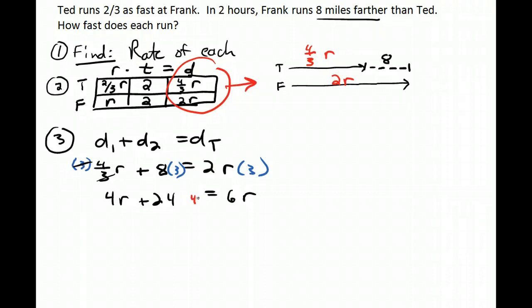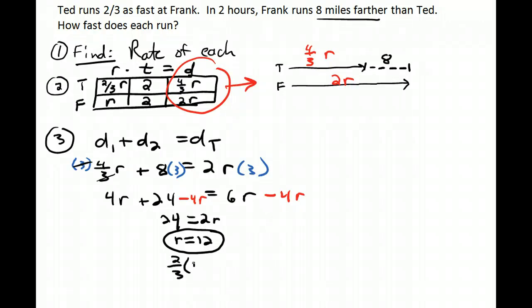I need to subtract 4R from both sides, and I get 24 equals 2R, which means R is 12. Okay, so that is Frank's rate. We also need 2/3 of that. So what's 2/3 of 12? That's 24/3, which would be 8.